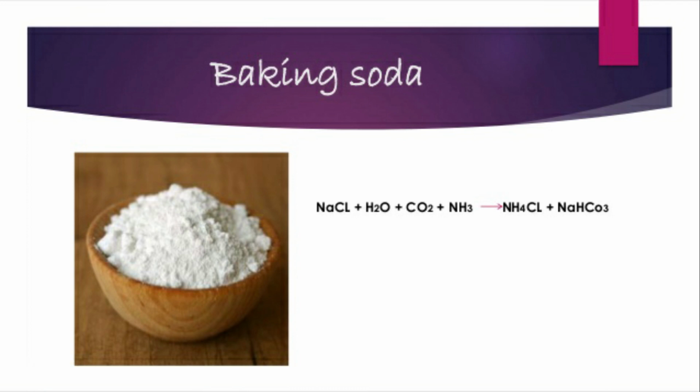We have sodium chloride, which is nothing but common salt, reacting with water, carbon dioxide, and ammonia. These compounds are the reactants that form the product of baking soda, which is NaHCO3. Along with NaHCO3, we have a byproduct formed, which is NH4Cl, ammonium chloride.